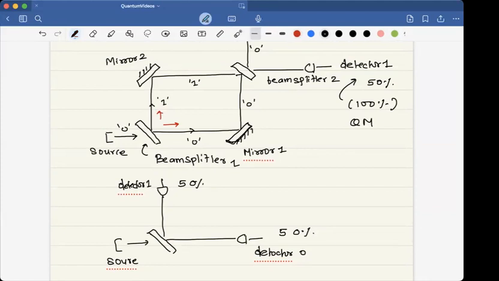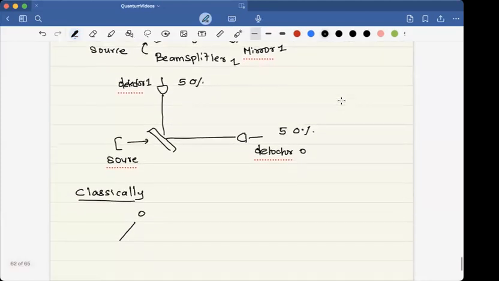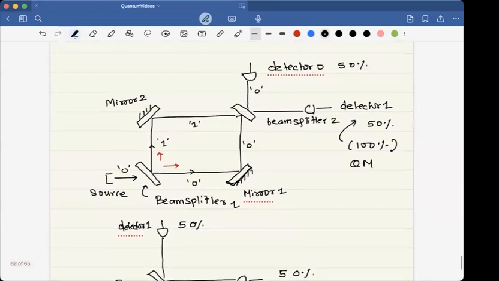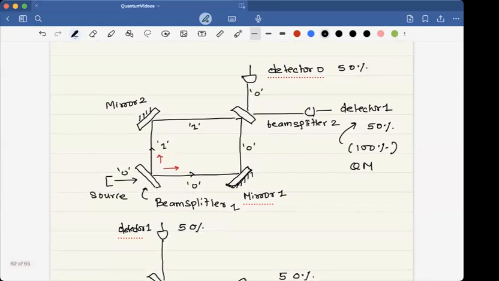So from 0, I can go to 0 or 1. This is the first beam splitter. Now on the second beam splitter there is a further split.